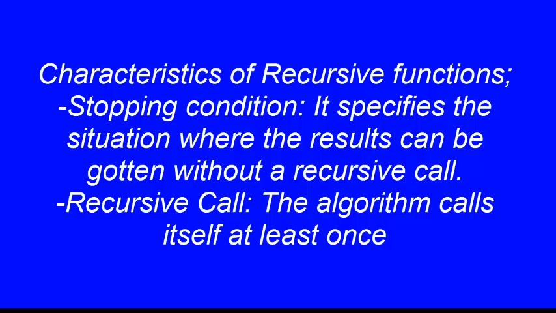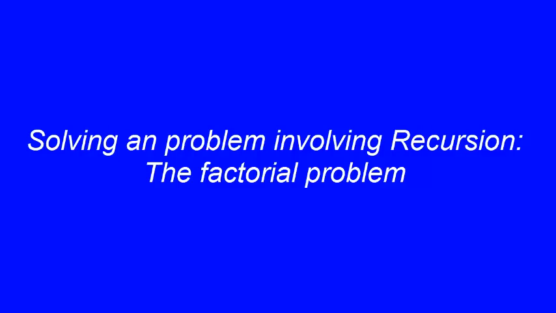Now we are going to take a particular example of a recursive function. We know in general that problems that are defined in terms of themselves are good candidates for recursive techniques. The standard example used by many computer science textbooks is the factorial function. Let's consider the problem of computing n factorial, where n is a natural number.